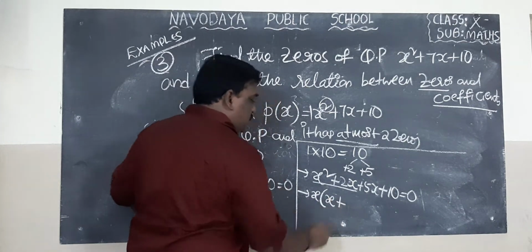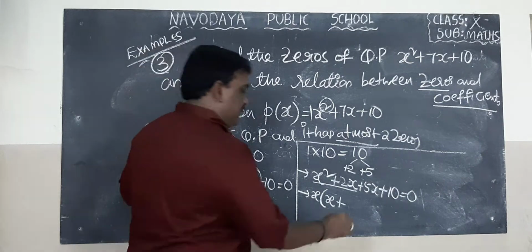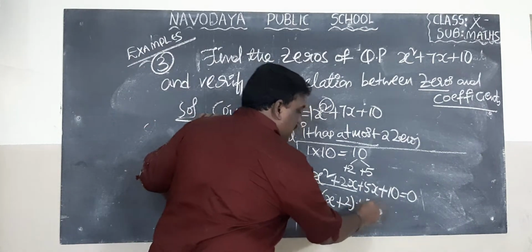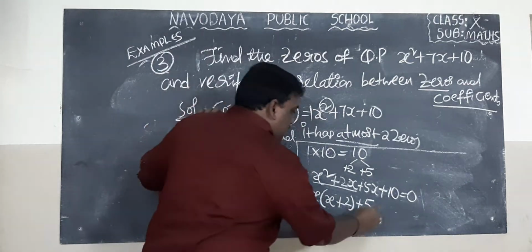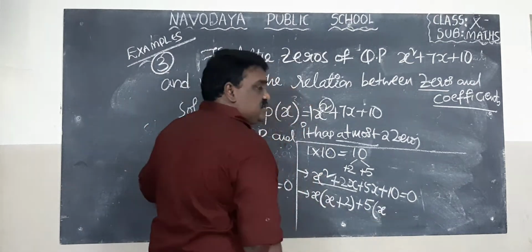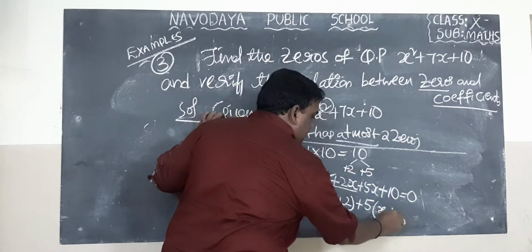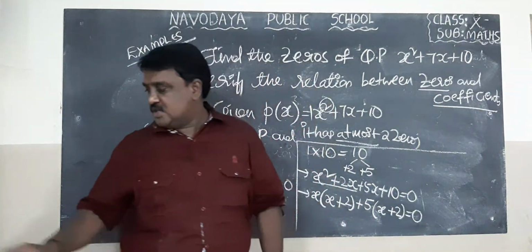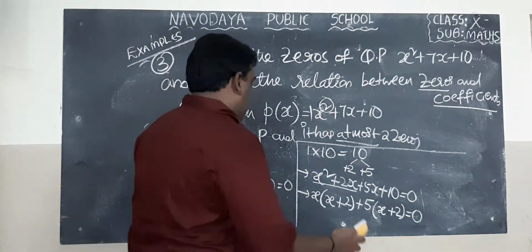Out of 2x, x completed, 2 left. From the last two, what is common? 5 common. Then x left. Out of 10, 5 completed, 2 left, equal to 0. Both the brackets should be same, then only your problem is correct.